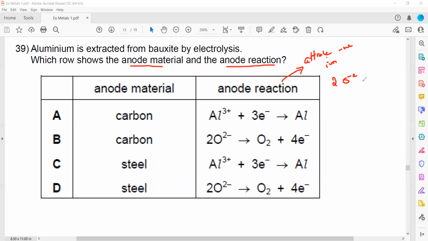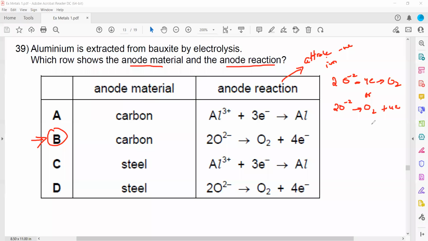When two oxide ions are there, they will lose 4 electrons and form oxygen gas. If it is written minus 4e, we can also write this equation as 2 oxide ions giving O2 plus 4e. Though both equations are the same, whether we write minus 4e on the left or plus 4e on the right-hand side, it does not make a difference.